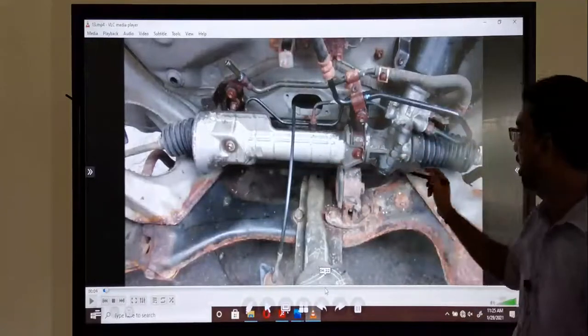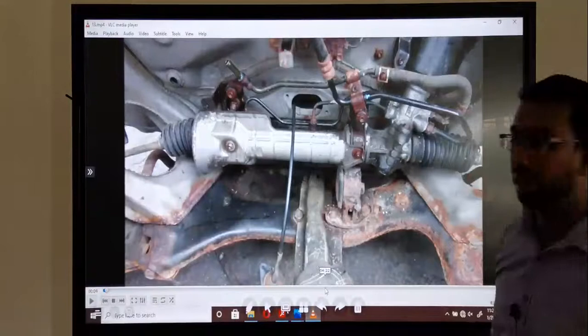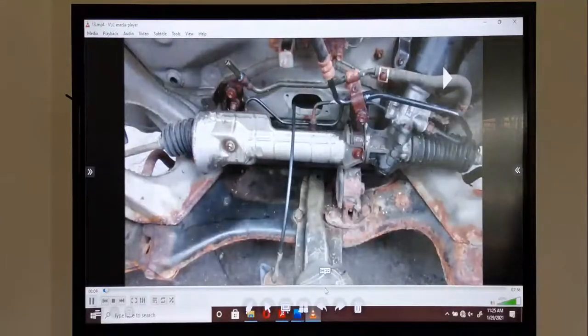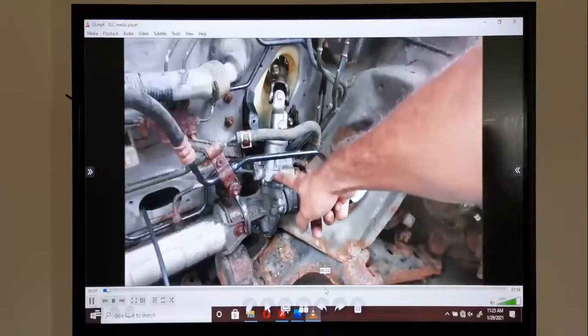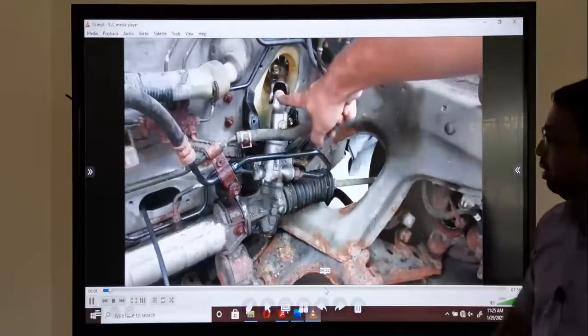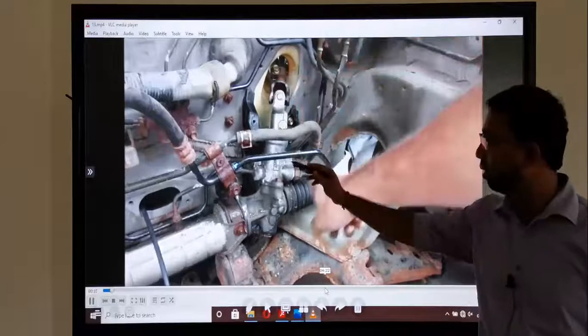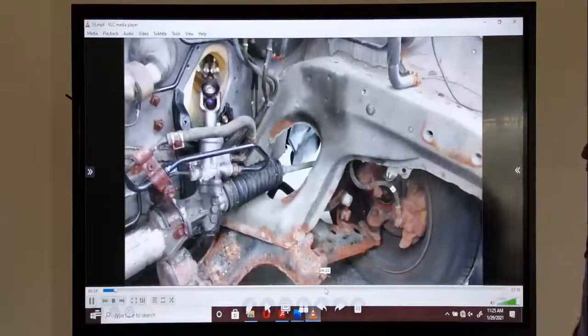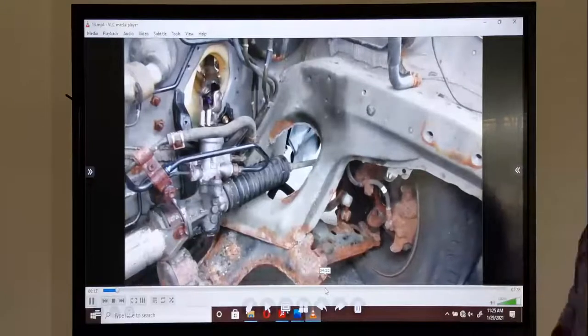This is the rack, and this is a rubber cover, here the rod. These are the tie rods. The flexible coupling is here, and the control valve is actually here. This is a tie rod.